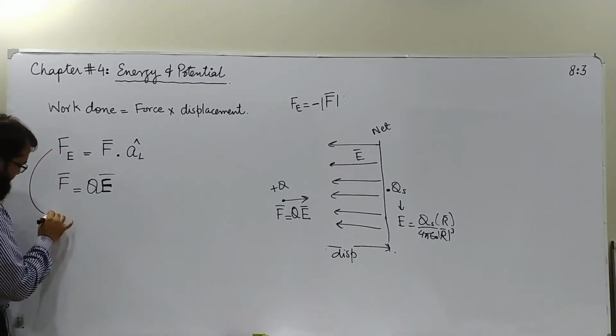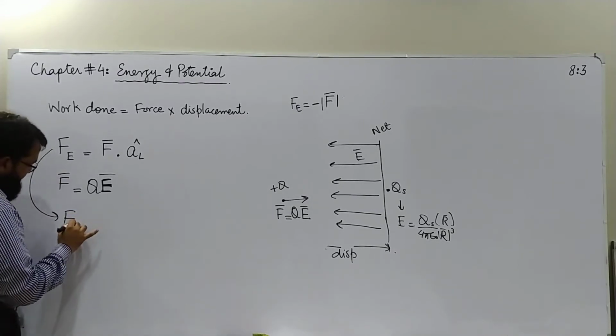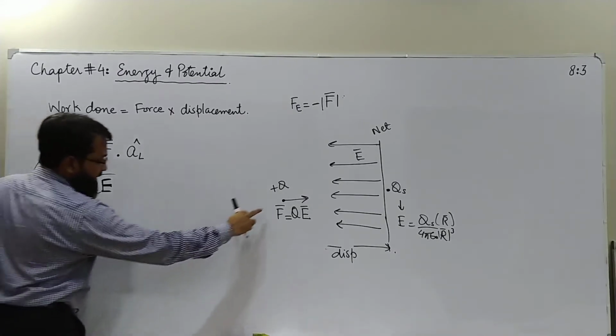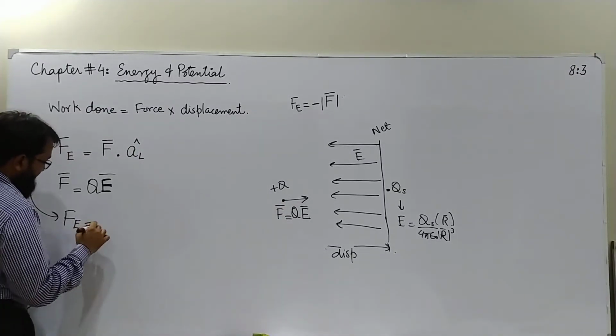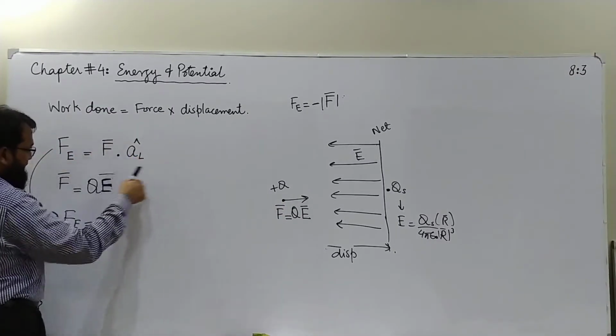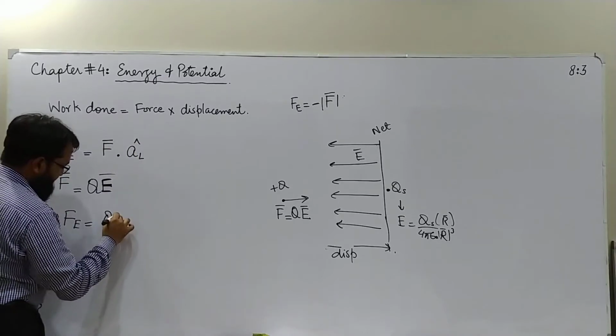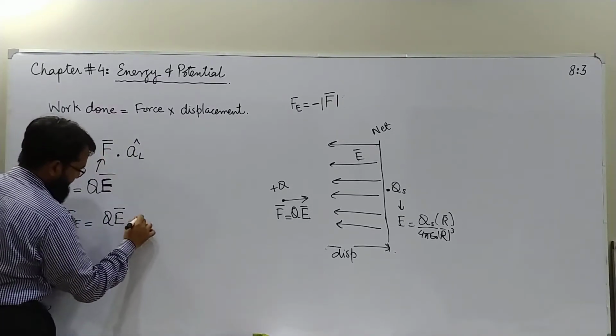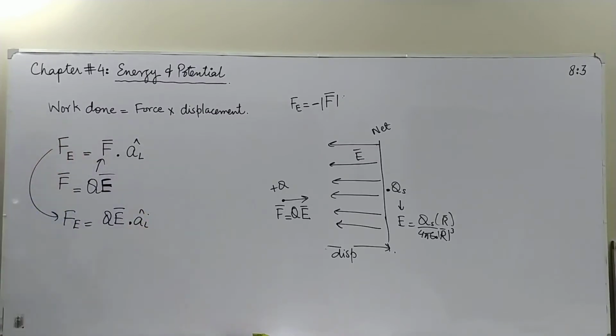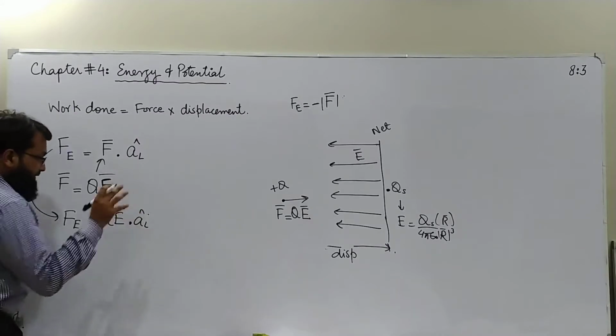So if I want to find the force experienced by me, if I want to move this charge from one point to another point, I'll have to evaluate this, just replace it here, and I'll get this. This is the magnitude of the force which I will experience.